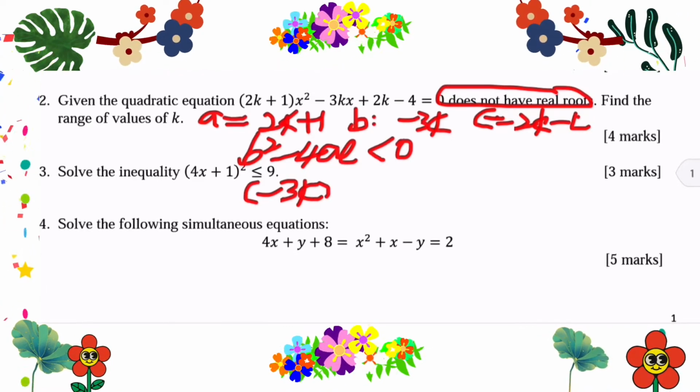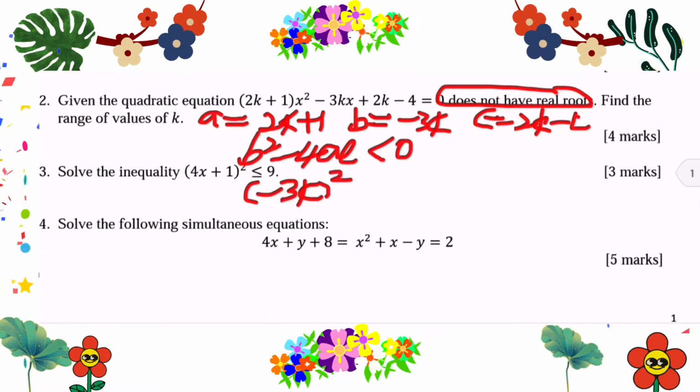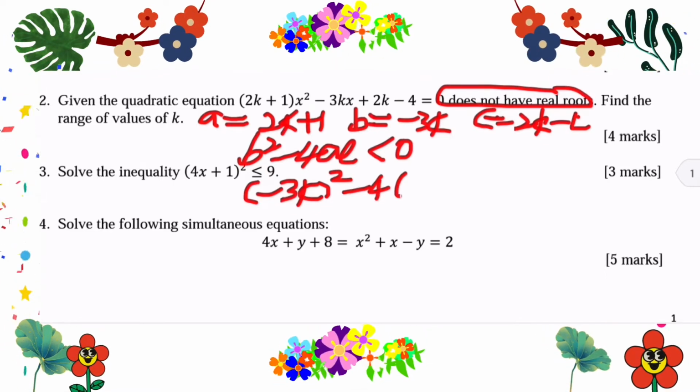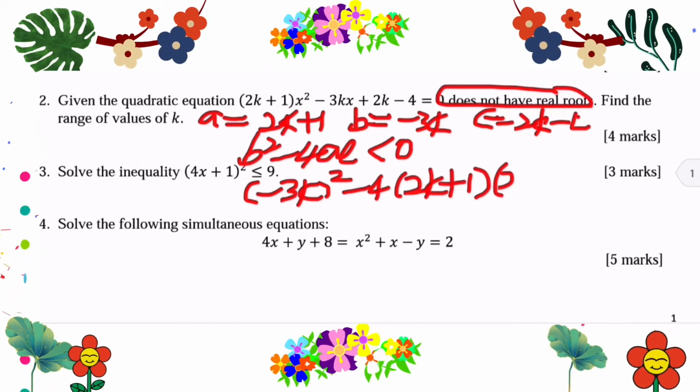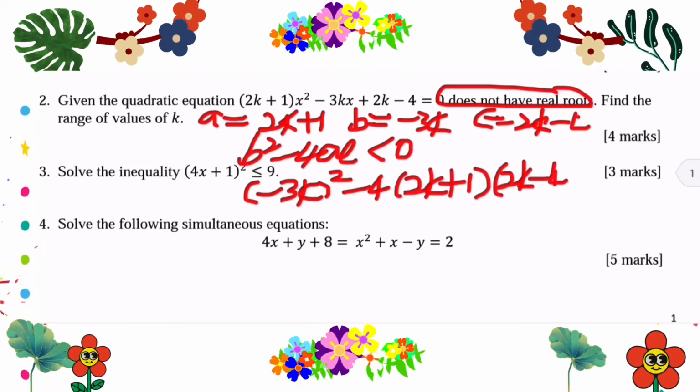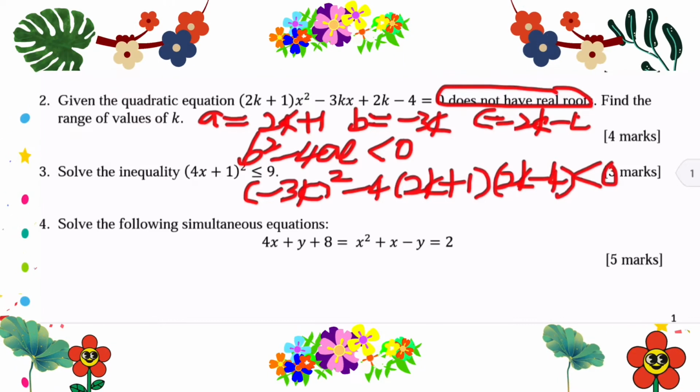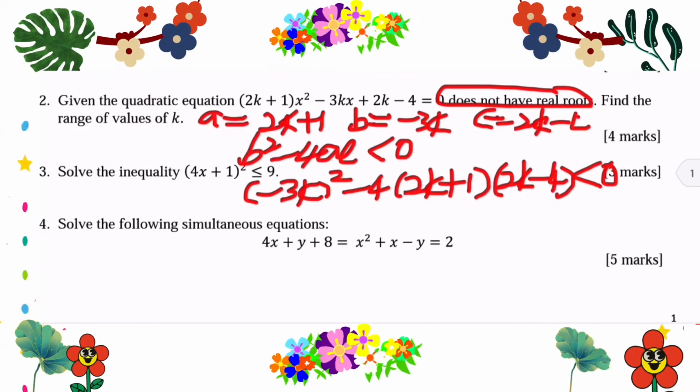Hence, we will substitute b, which is (−3k)² − 4(2k+1)(2k−4), which is the c, < 0.